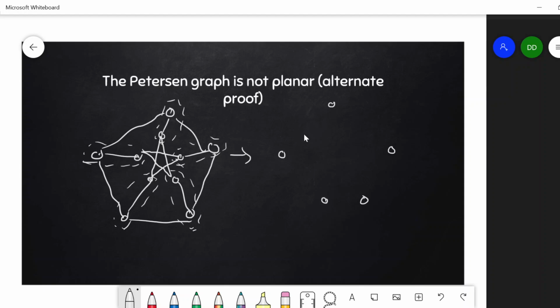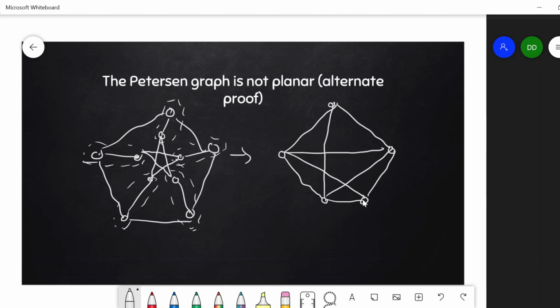I'll still have this outside cycle. And now this vertex is adjacent to those two, this one and this one, which are contracted together, identified into this one and this one. So this is adjacent to those two. Similarly, this one is adjacent to these two, and this one is adjacent to these two.